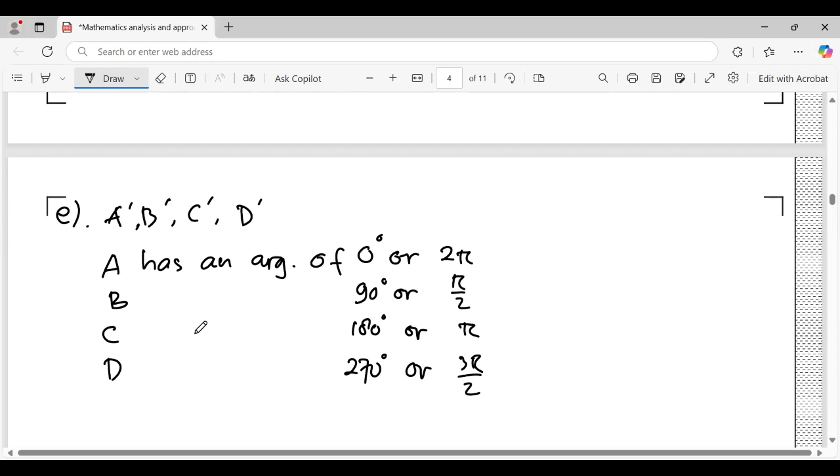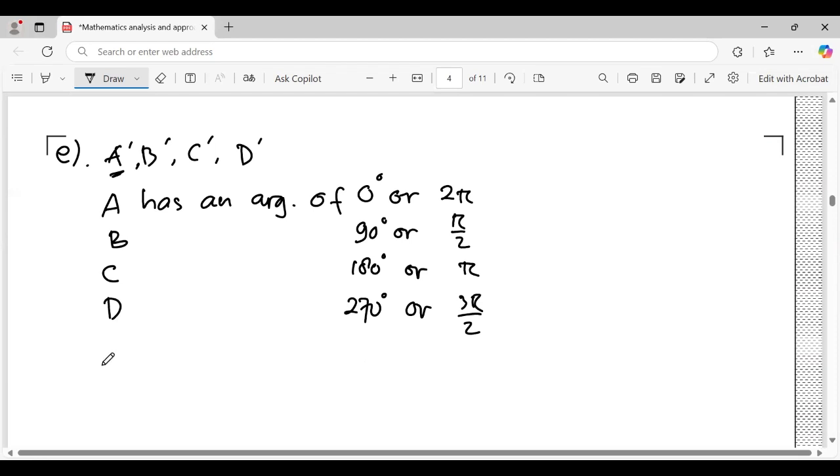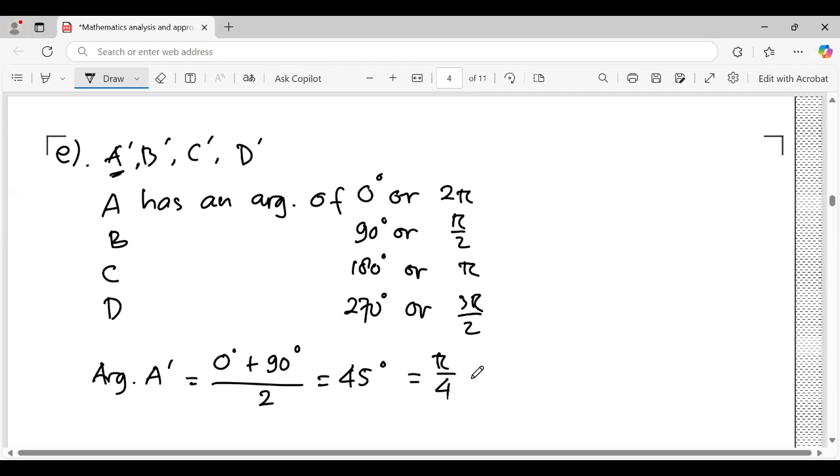Now for the argument of A accent, because we are going to find A accent. The argument of A accent is 0 degrees plus 90 degrees divided by 2, which is 45 degrees or pi over 4.